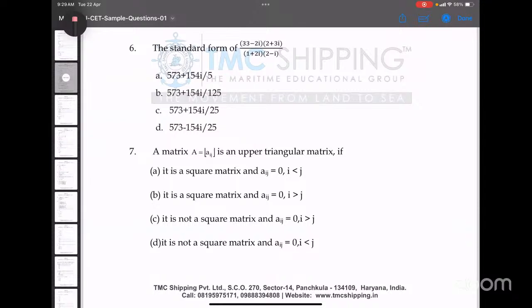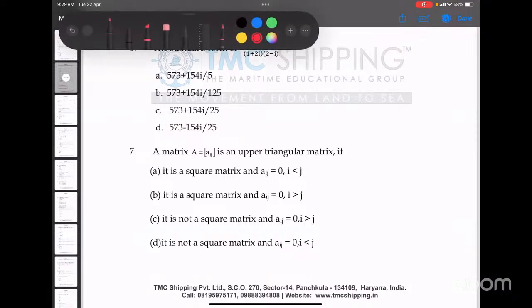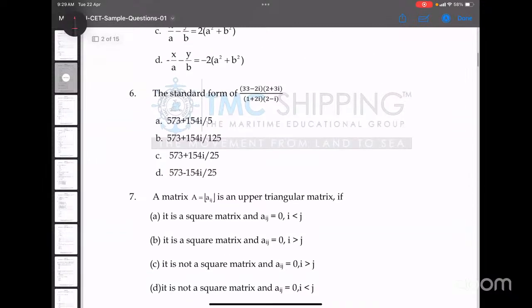So first multiply it. If you multiply it, this will be 33 into 2, 66. 33 plus 3 iota, 99 iota, minus 2 iota into 2, minus 4 iota, minus 2 iota plus 3 iota, minus 6 iota square. Am I going right?